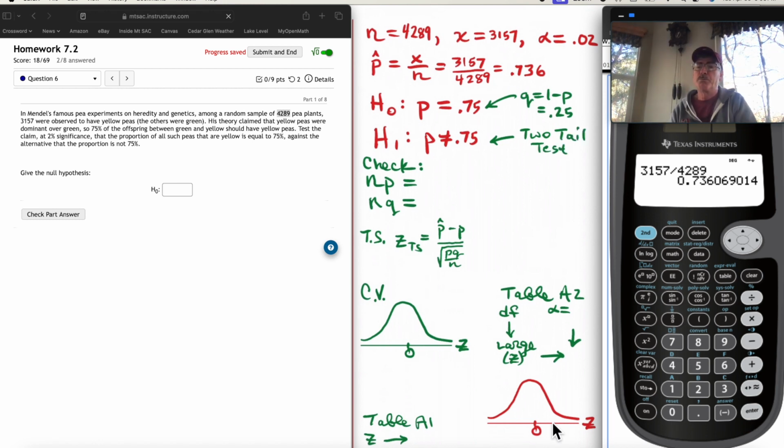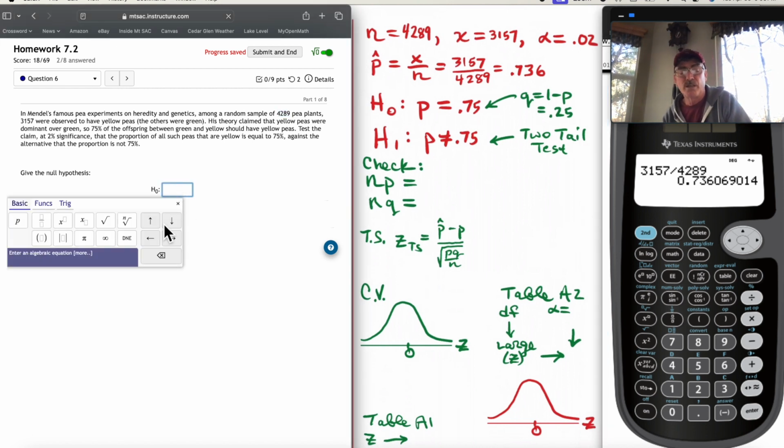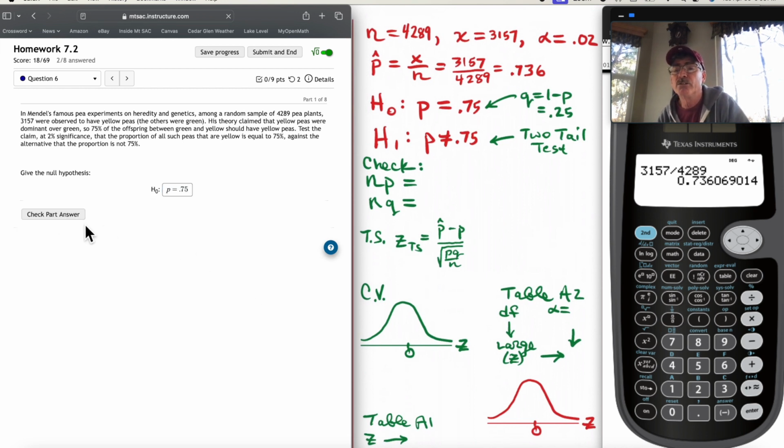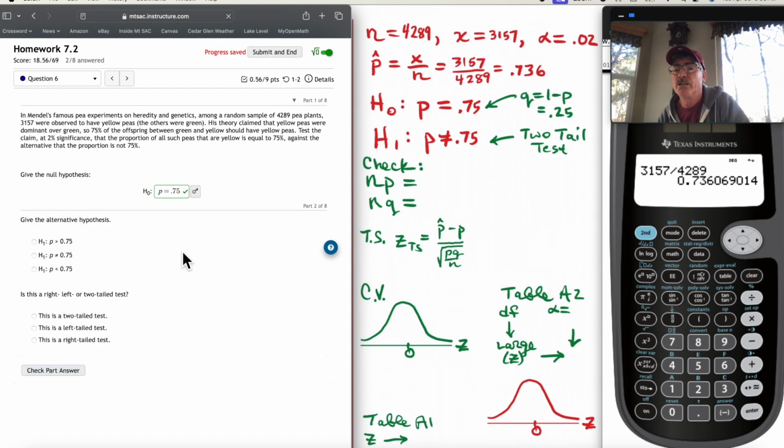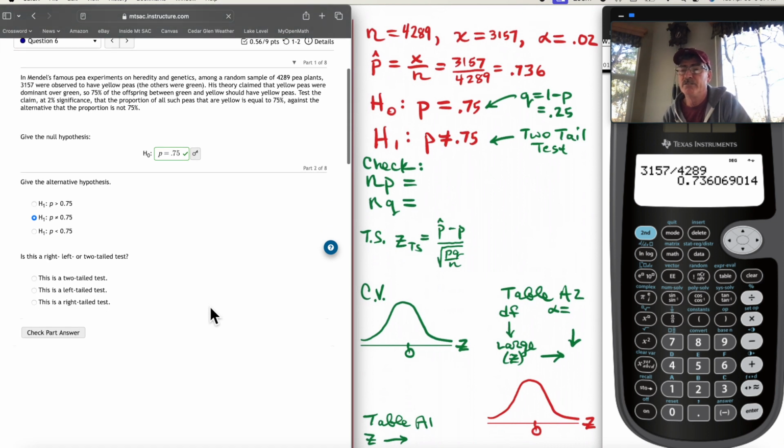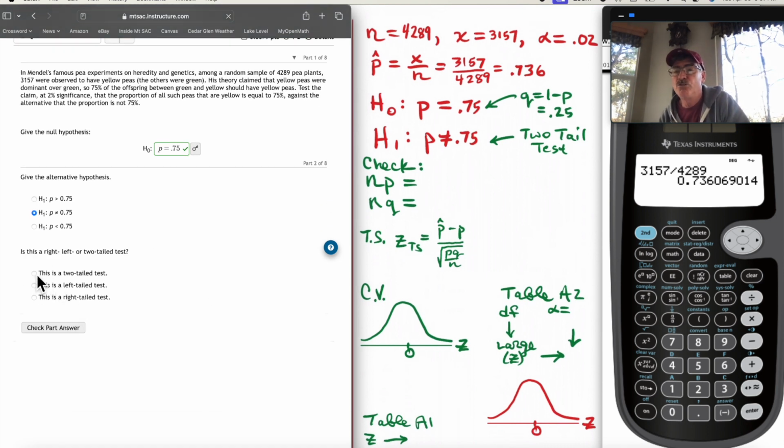So for the null hypothesis, we'll say P is equal to 0.75. And for the alternative, we'll just pick the right one. So this should be not equal to 0.75. And this is a two-tailed test, we've already decided.